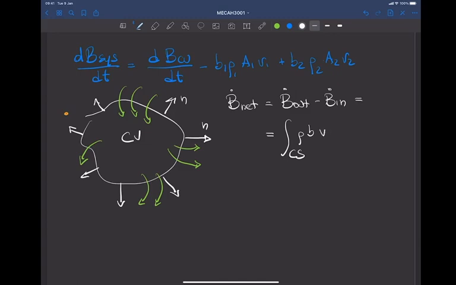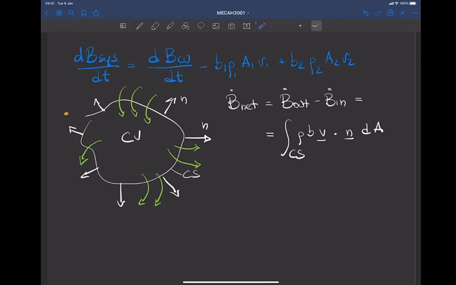Here I'm using the expression that we just derived for the flow rate of b, scalar product the normal, and then of course I have to multiply by the area. By doing the integral, I'm considering all contributions across this control surface, and by doing this scalar product, I'm considering that the velocity vector might not be normal to the control surface at the point of entry.